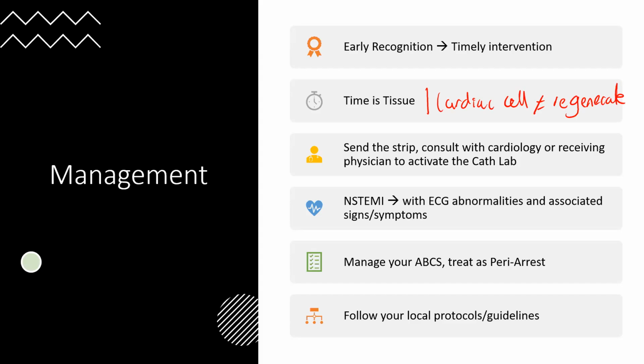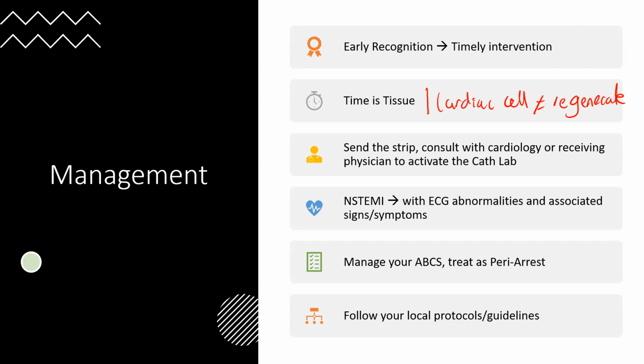So the longer they're in a state of ischemia or infarction, the worse the outcomes are going to be for these patients. Send the strip to the cardiology or receiving physician, have them review it, and if they're happy with it or they think it's serious, they're going to activate the cath lab, and you'll be able to expedite your transfer there. And STEMIs are ECG abnormalities associated with signs and symptoms.